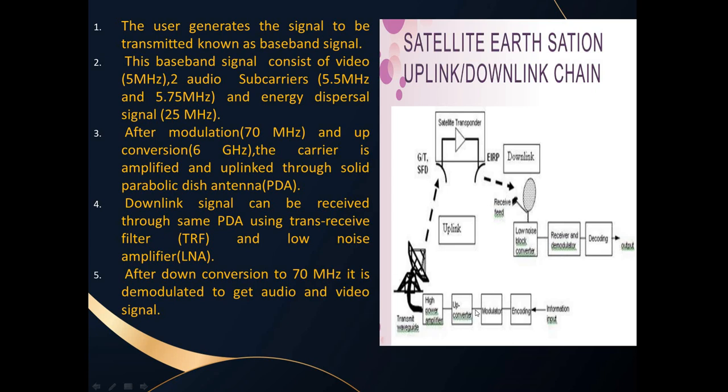Downlink signal can be received through the same PDA using a trans-receive filter and low noise amplifier, LNA. After down conversion to 70 MHz, it is demodulated to get audio and video signal.